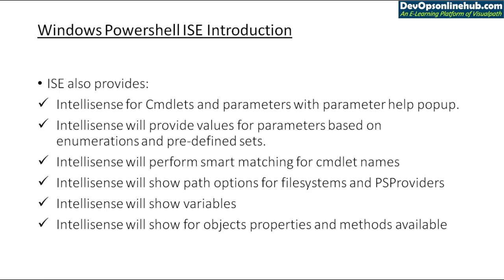Next, it will also show the matching cmdlet names. IntelliSense will also show the path options for the file systems and providers. IntelliSense will show the variables, and object parameters and methods, and everything available. All these things I am going to explain in the next program.